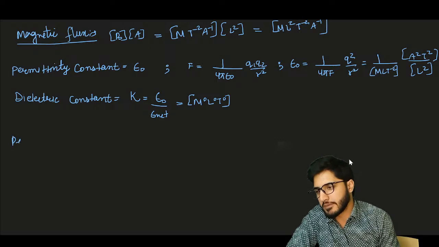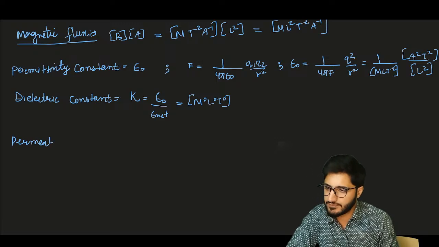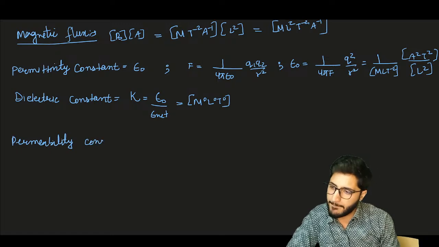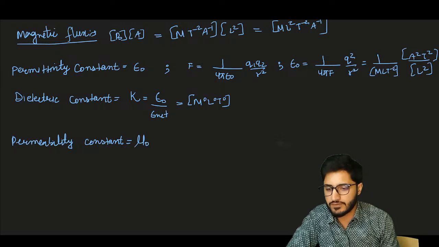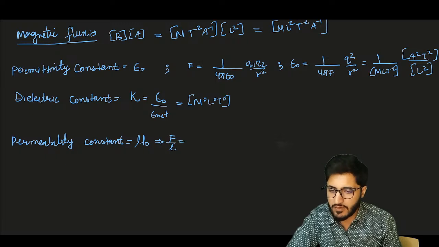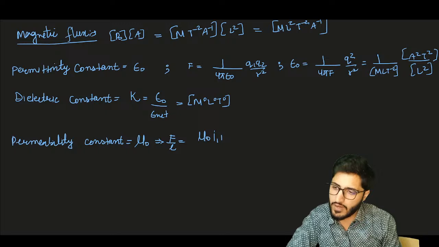Now we are having permeability constant, which is mu naught. It would be equal to force per unit length. The equation we are having is force per length equals mu naught I1 I2 whole divided by 2 pi r.